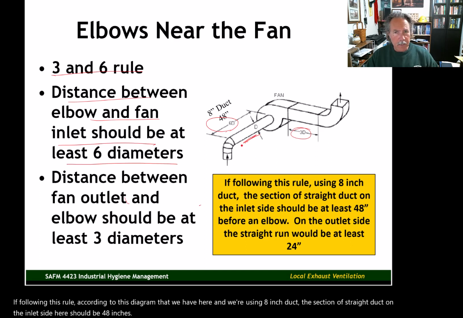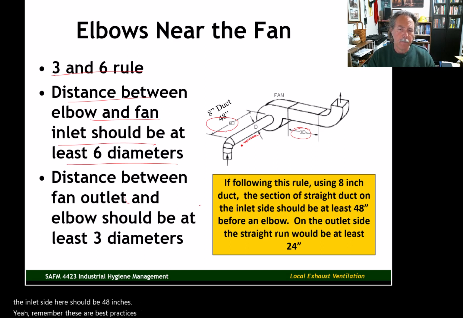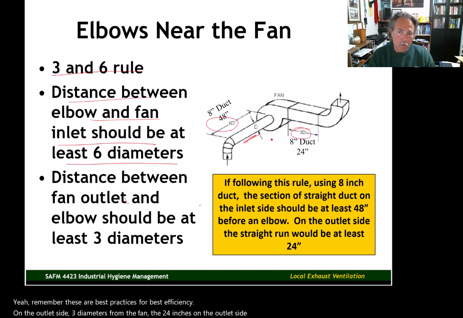Again, remember, these are best practices for best efficiency. On the outlet side, 3 diameters from the fan, 24 inches between the fan and an elbow.